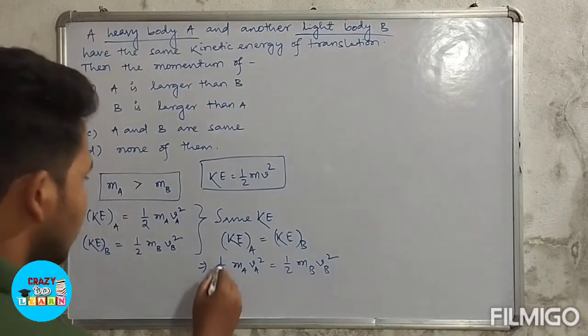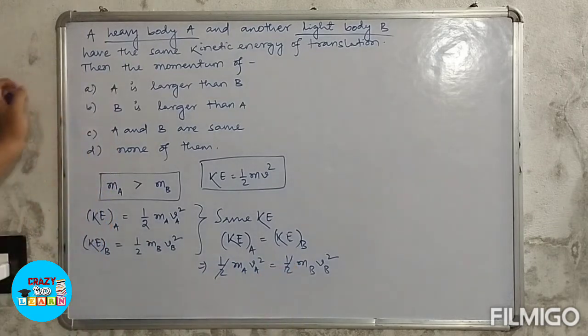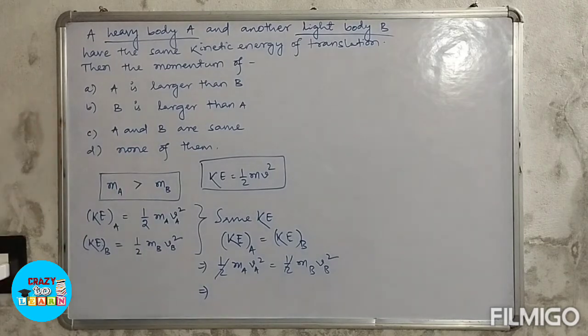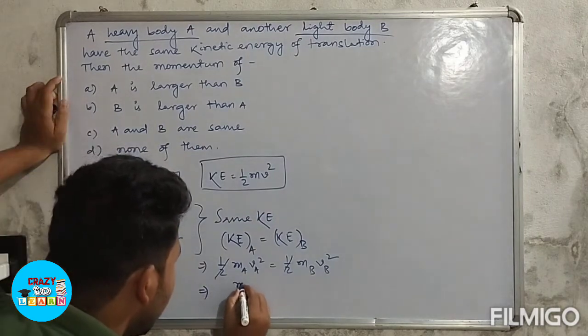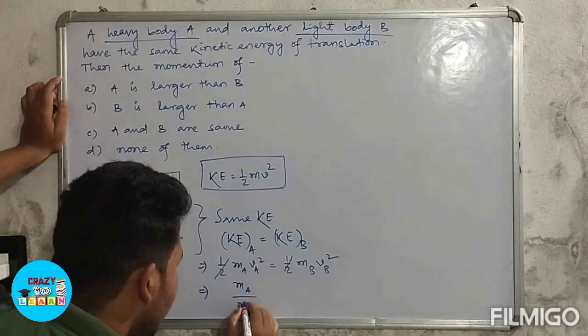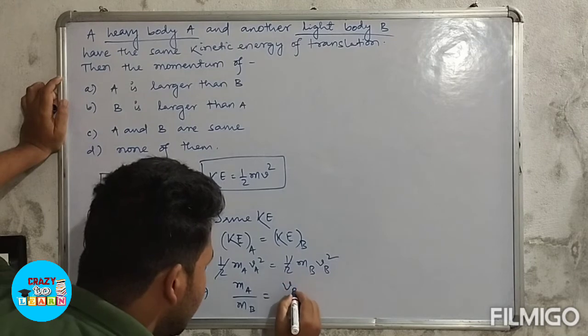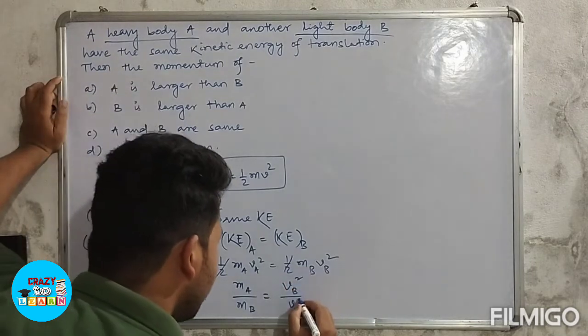Okay, so cancel half from both sides. Now ma by mb is equal to vb square by va square.